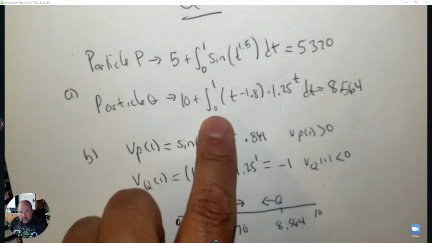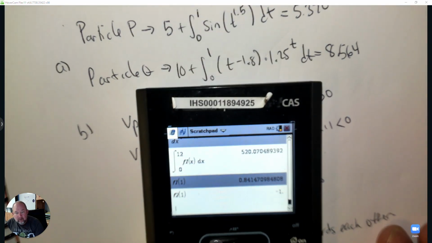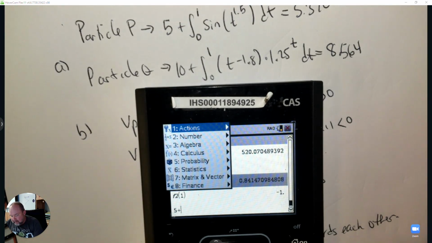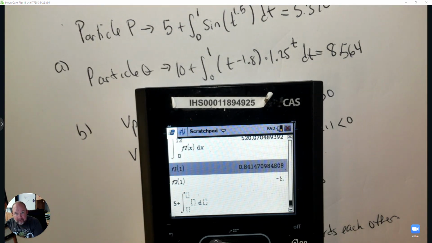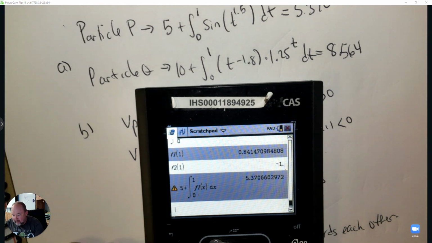If I want to integrate this with the calculator, since it's defined already, I can just go 5 plus, and then menu calculus integrate, and again it would go from 0 to 1, instead of typing all that in. And then you have your answer, right?